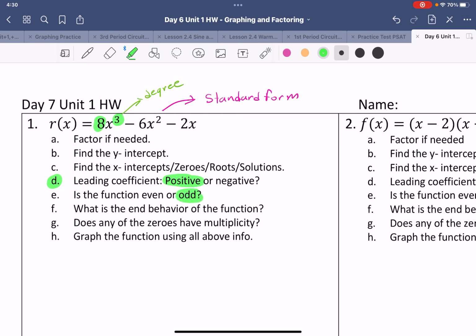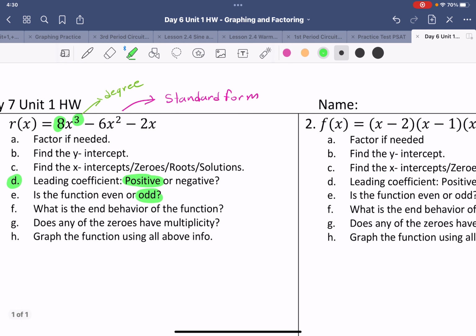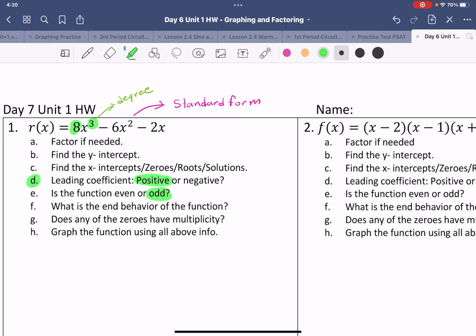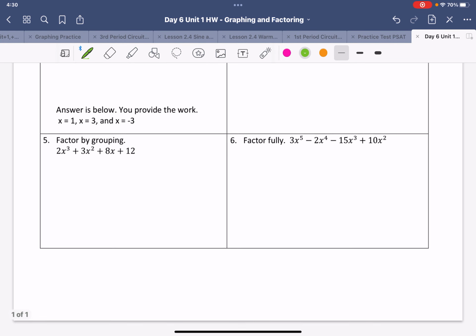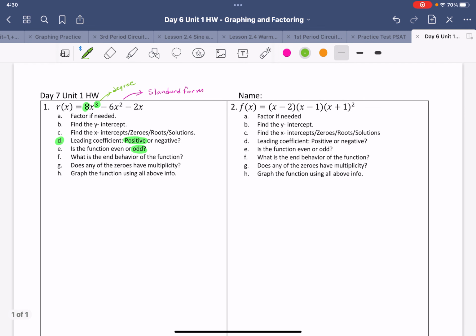So you need to know your basic functions in order to know behavior. So for instance, if I told you y equals x squared, everybody knows that this is a parabola and it's up and up. So I call this even and positive.